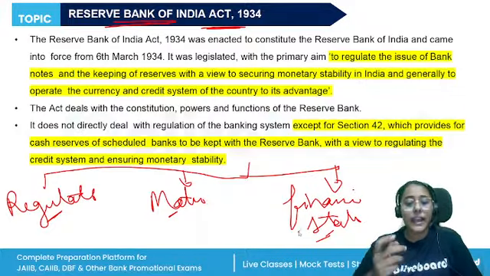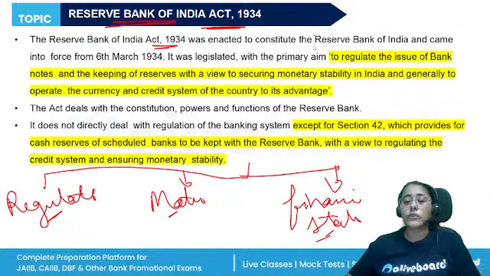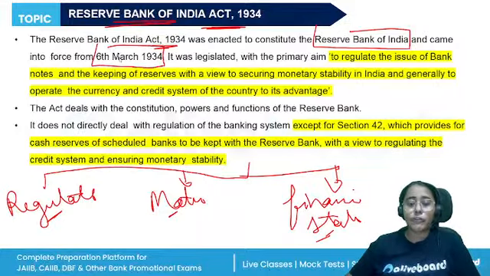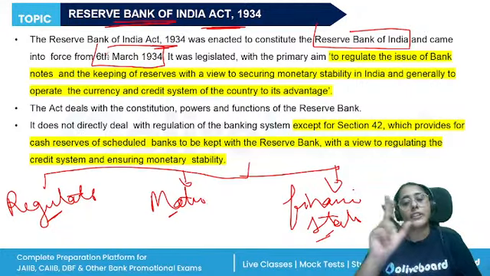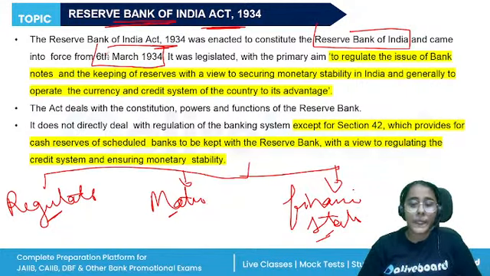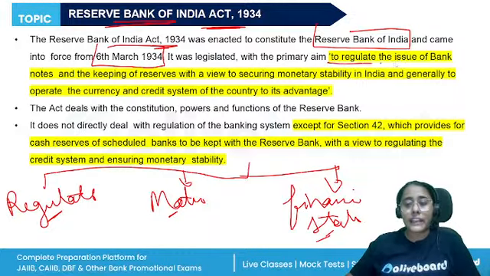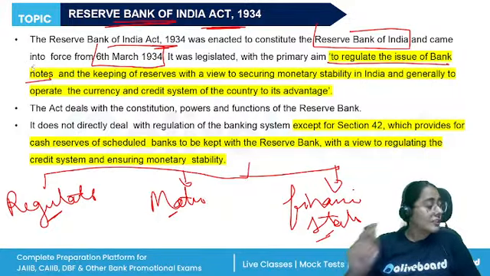So the RBI Act of 1934 was enacted to constitute the Reserve Bank of India. It came into force from 6th March 1934. The RBI as a central bank was established in 1935. The primary aim is to act as the central bank to regulate the issue of banknotes.